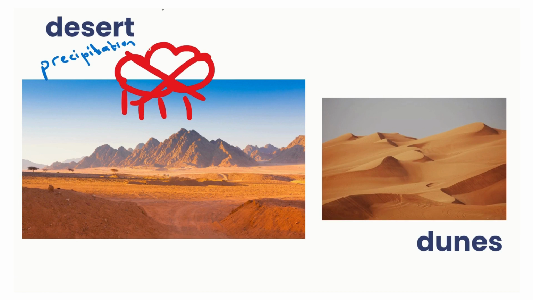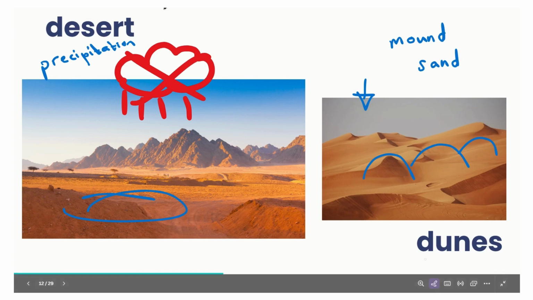Precipitation. It has little or no rain. In the desert, sometimes the land is rocky, like here. Sometimes we see these hills or mounds made of sand. A mound of sand is called a dune. Dune.